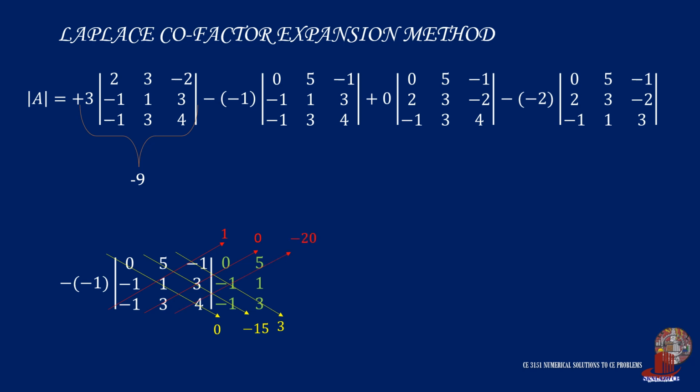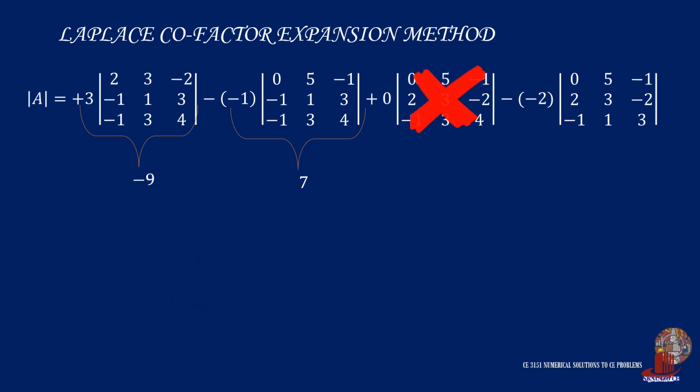Then 4 times -1 times 5 to have -20. The second term is computed from 0, minus 15 plus 3 minus 1 plus 0 minus 20, which are simplified as 1 times 7, or that is 7.